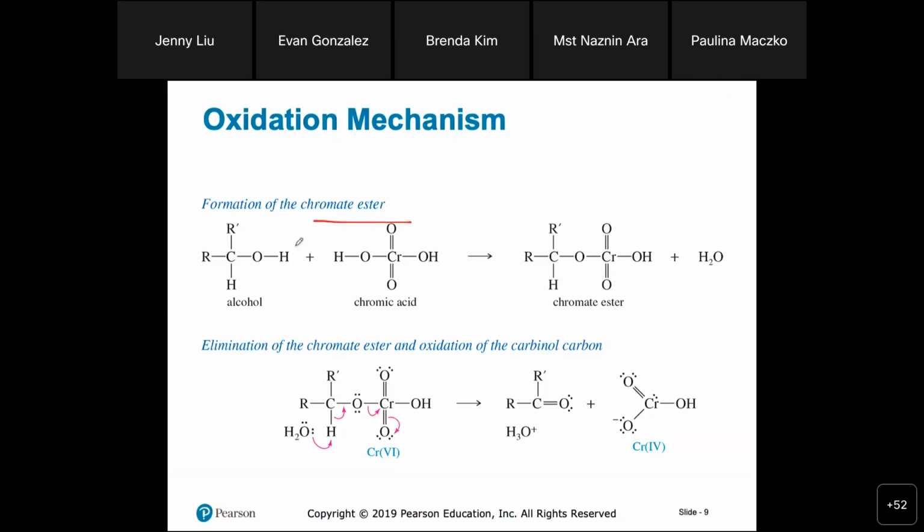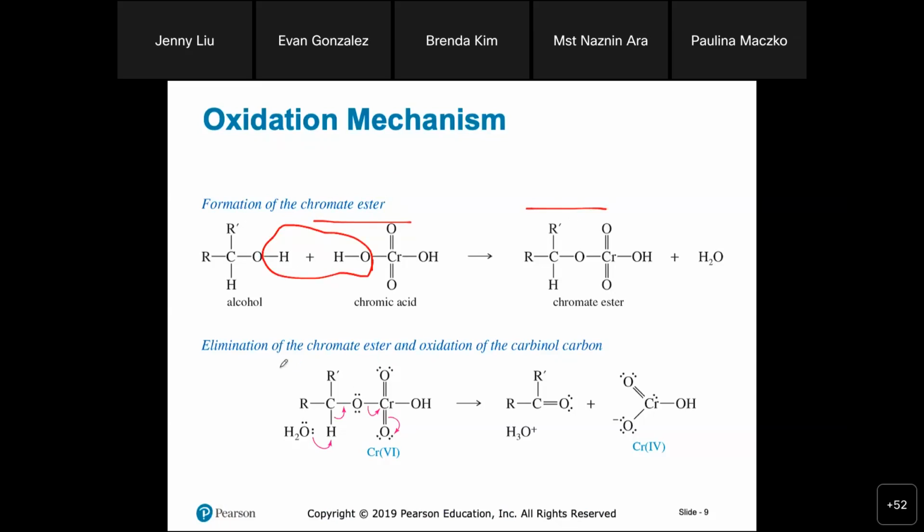So the first step is the formation of the chromate ester, and here you can see the water. This water group will leave, and this chromate ester will be formed.